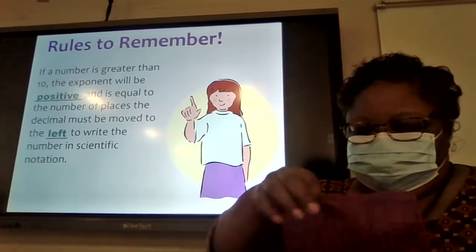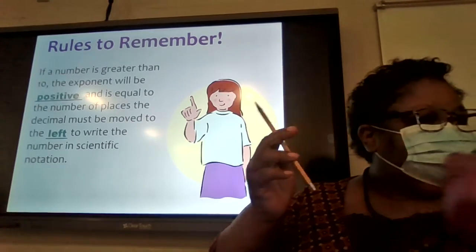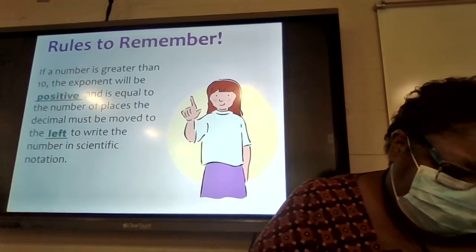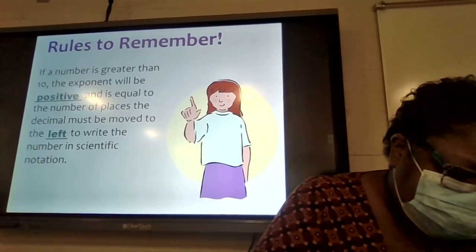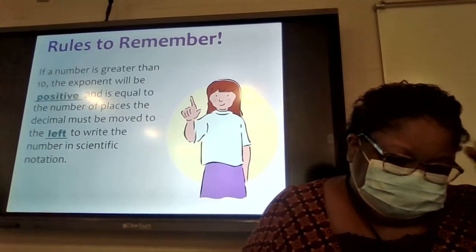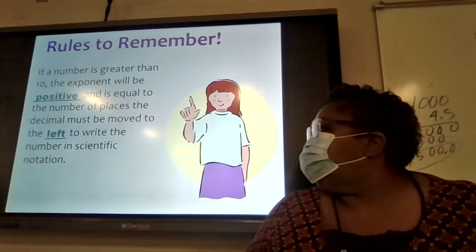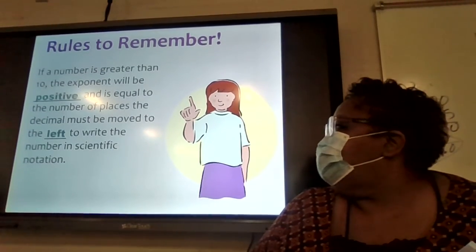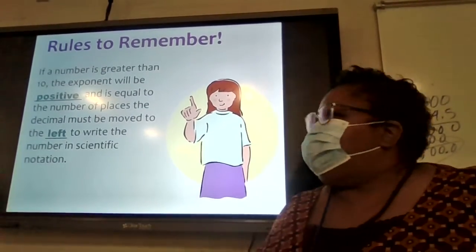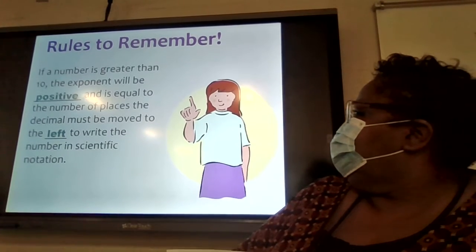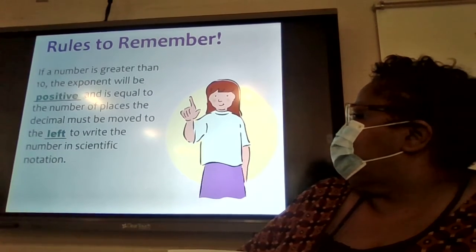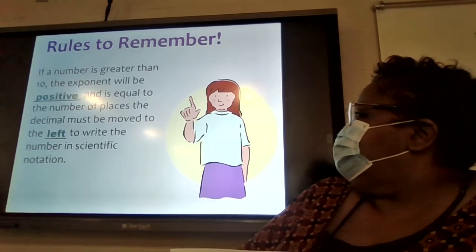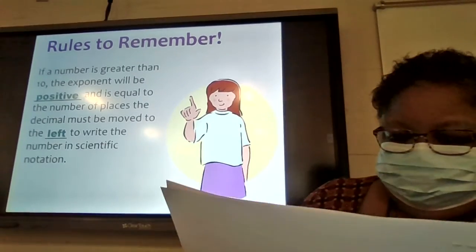And I'll change it in the PowerPoint. In C, just change that 10 to a 1. If a number is greater than 1, the exponent will be positive and is equal to the number of places the decimal must be moved to the left to write the number in scientific notation.